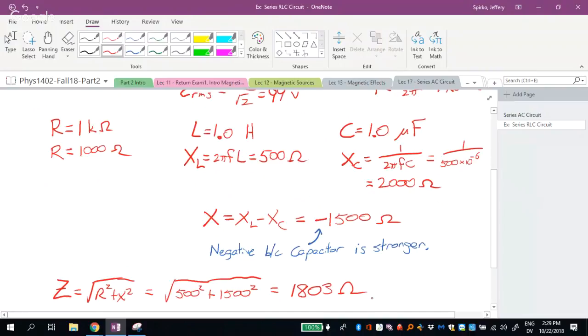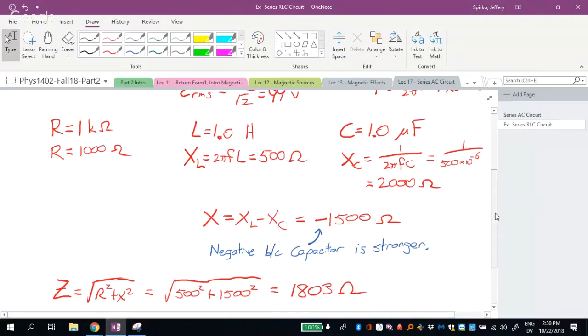Notice that when I'm squaring it in the Pythagorean theorem, I'm not going to put in the minus sign there, because if I did, I'd have to put in extra parentheses, and I'm lazy, so I don't want to do that. The easiest way to deal with it is just not to use the implicit minus signs when you're using the Pythagorean theorem, the ones that are built into variables.